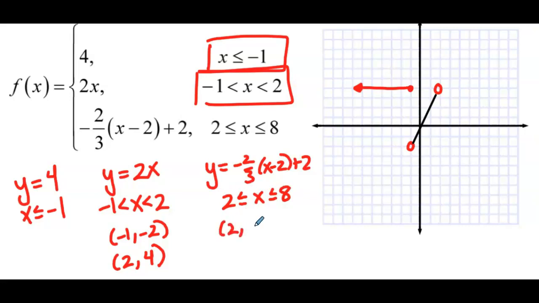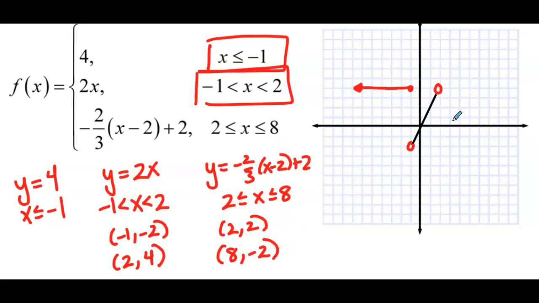So if we plug in x equals 2, we'd get 0 times negative 2/3, which is 0, plus 2, which is 2. So the point 2, 2. And then when x equals 8, plug 8 in, we'd get 8 minus 2, which is 6, times negative 2/3, we'd have negative 4, plus 2 is negative 2.